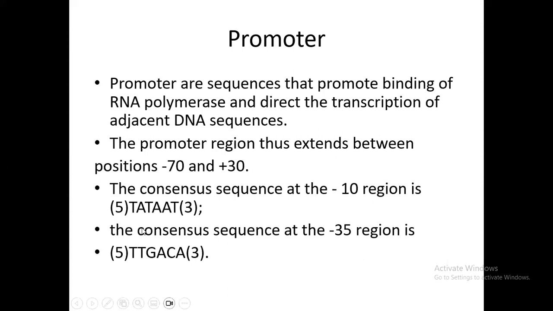These promoter elements include the -10 region, which has a sequence that reads TATAAT in 5' to 3' direction, and another conserved or consensus region at the -35 position, which means it is 35 base pairs before the transcription start site, and it reads TTGACA in 5' to 3' direction.